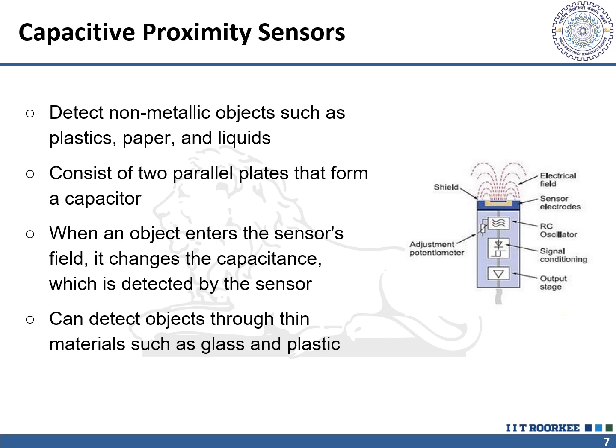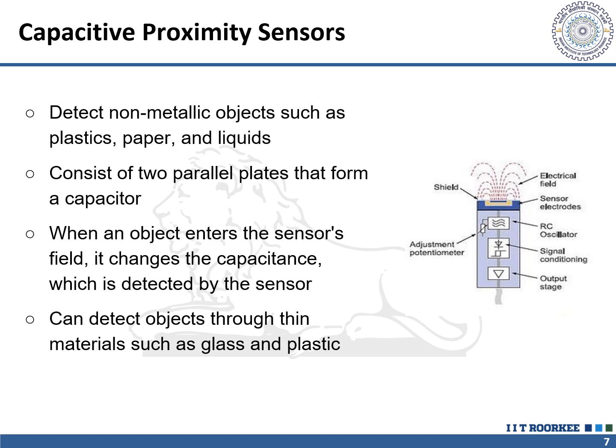The second type is capacitive proximity sensors. These types of sensors are used to detect non-metallic objects such as plastics, paper and liquids, as these have lesser values of dielectric constant. As you can see in the figure, this type of sensor consists of two parallel plates that form a capacitor.